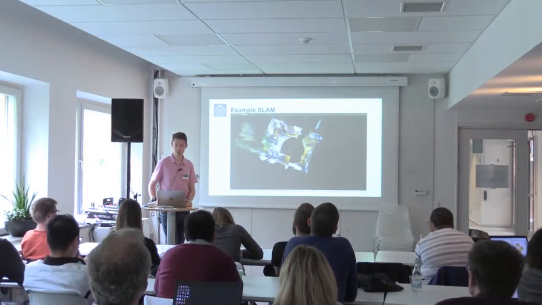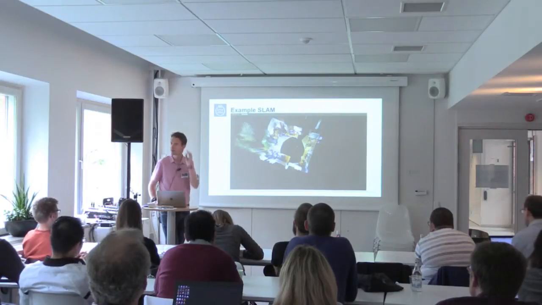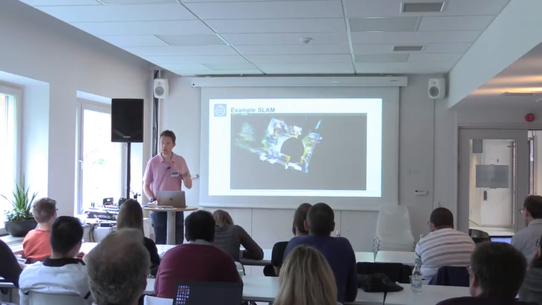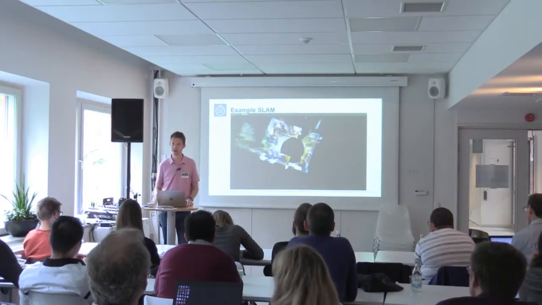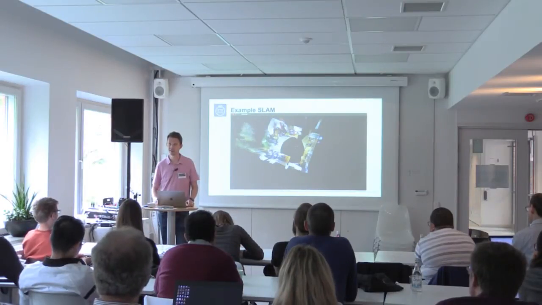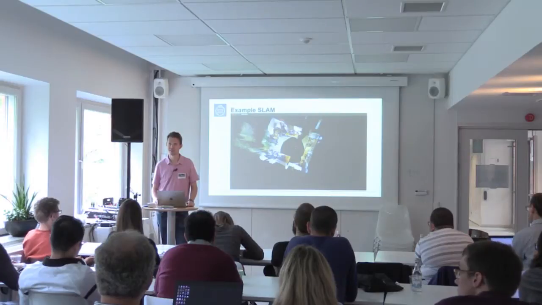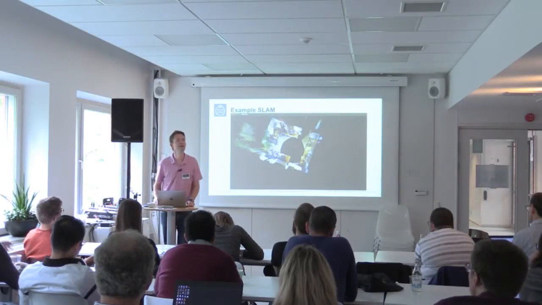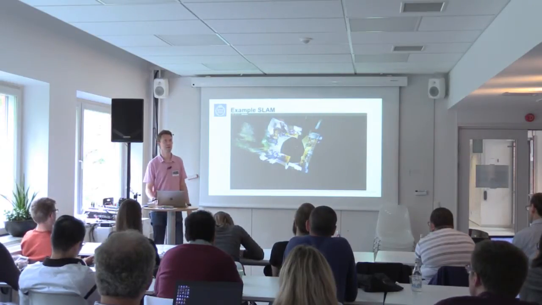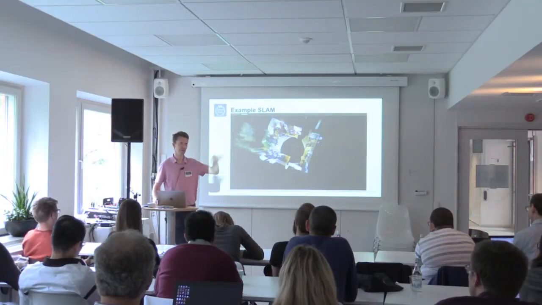So how do most RGBD cameras work today? Stereo pictures, exactly. And how does the error depend on distance in a stereo camera? One over distance. Yeah, so the error increases quadratically with the distance.